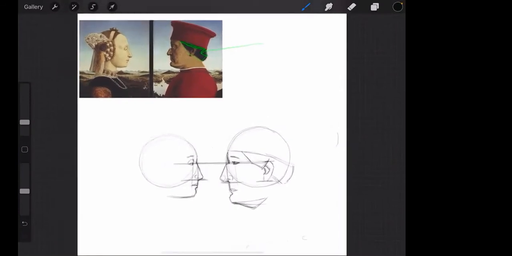And then head. So head is kind of cylinder like that.